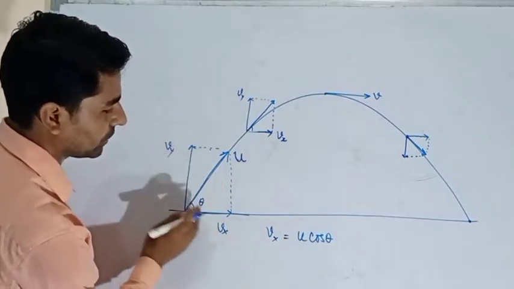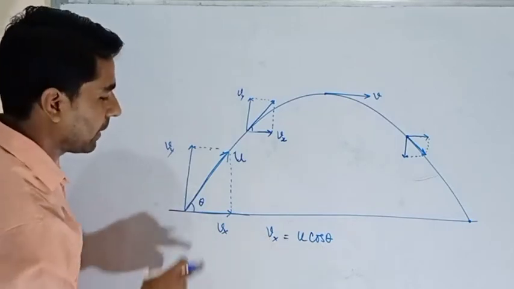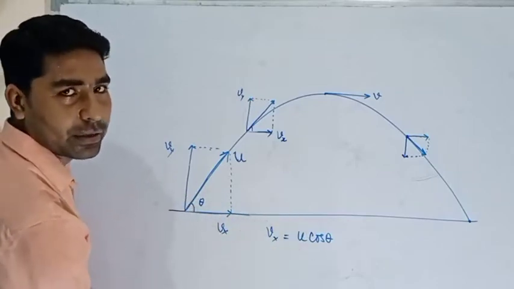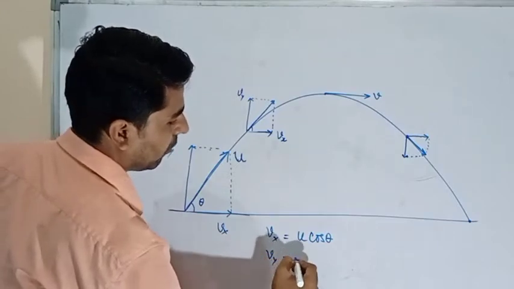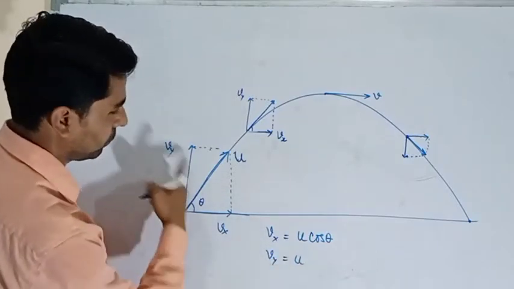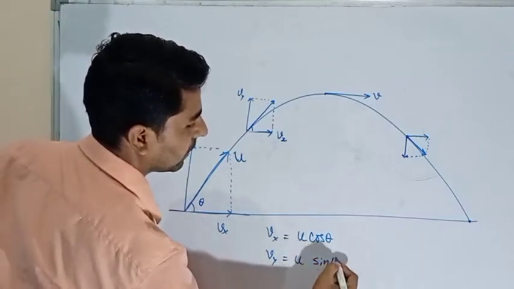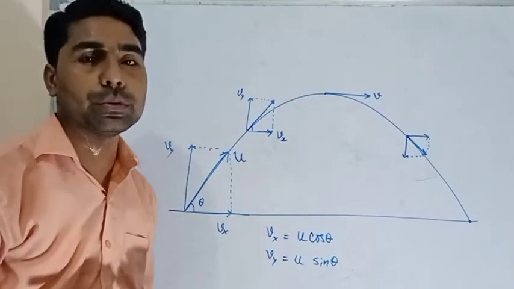You can split it into its components. The horizontal component is u cos theta, or you can remember it like this: the component which is along the angle will have cos theta, and Vy will be u sin theta. So using that, I am going to solve further.